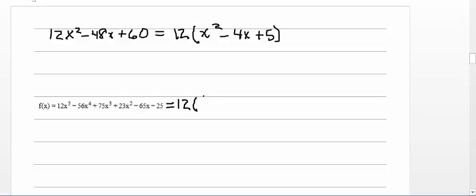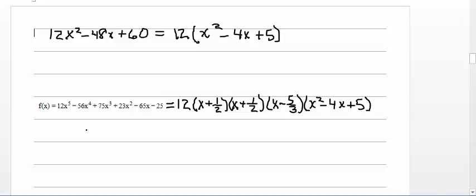So my polynomial factors into 12, so I'm moving that 12 out in the front, times the factor x plus 1/2, times another x plus 1/2, times x minus 5/3, times the factor x squared minus 4x plus 5.